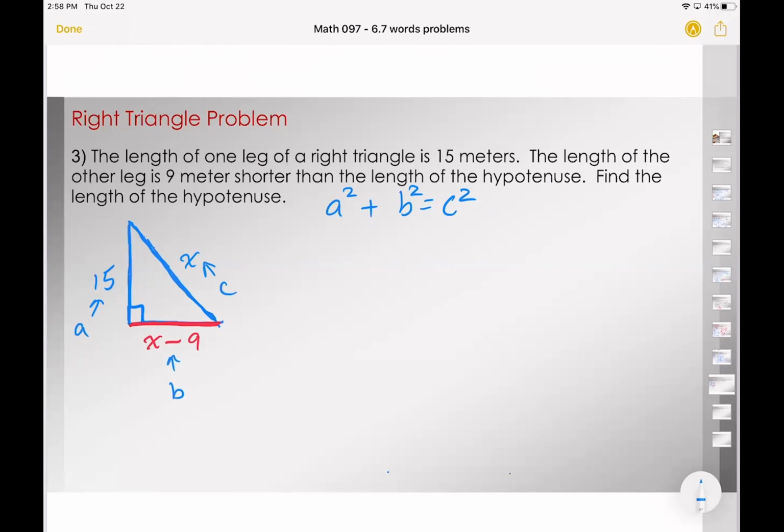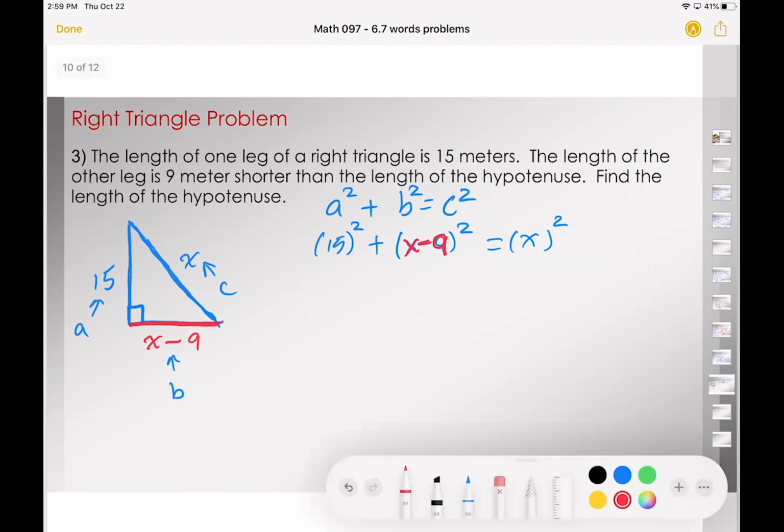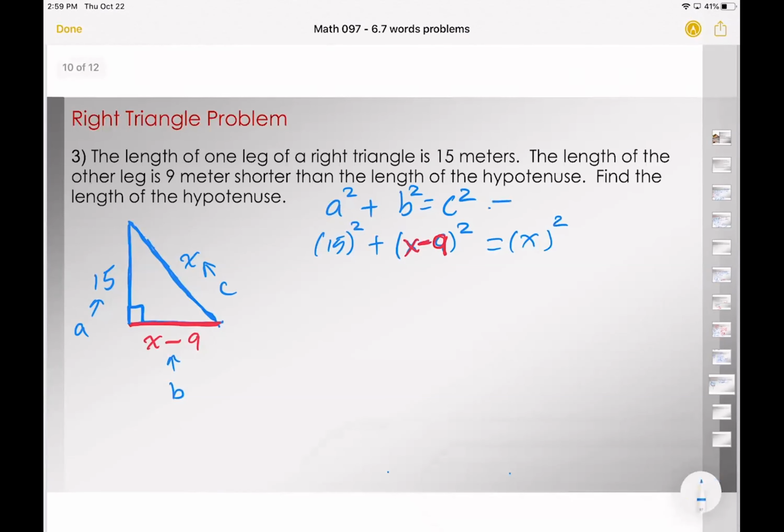And if I plug in, I have 15 squared plus (x minus 9) squared equals x squared. So all I did was take whatever they gave me and plug it into my Pythagorean theorem formula right there.